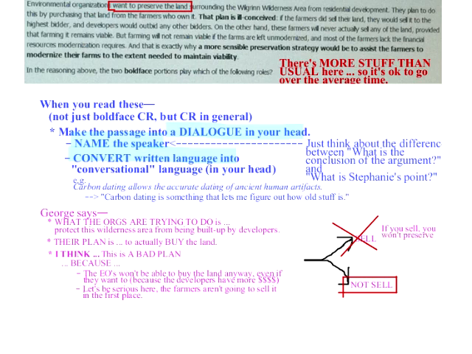You won't preserve the land because the developers will build on it. So the only way to accomplish this goal is to make farming viable, because if it's not viable, again, they will sell it.